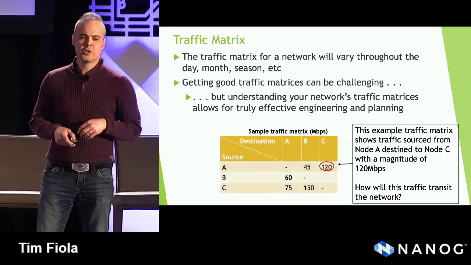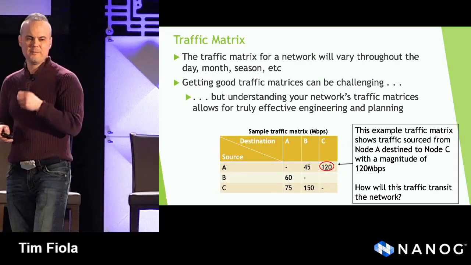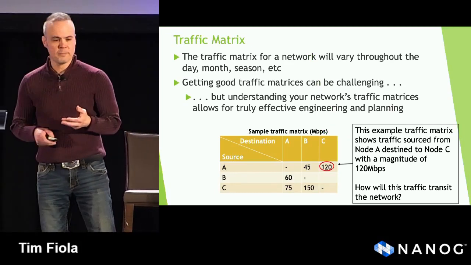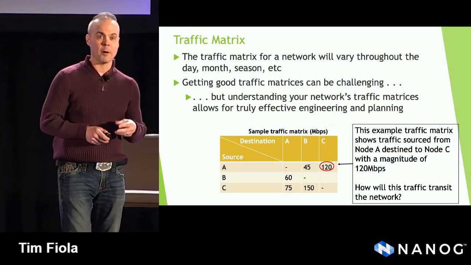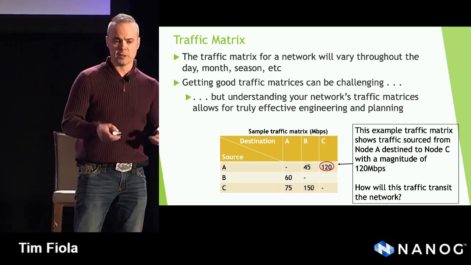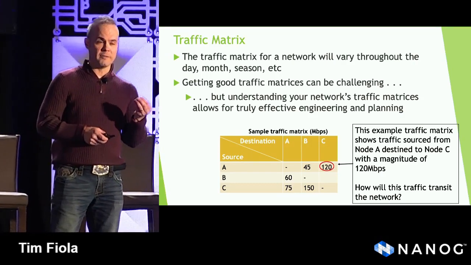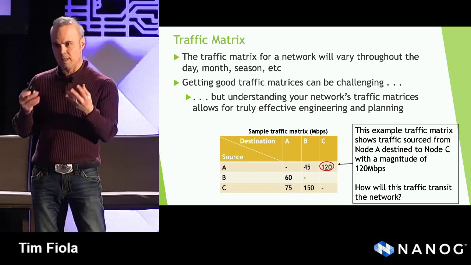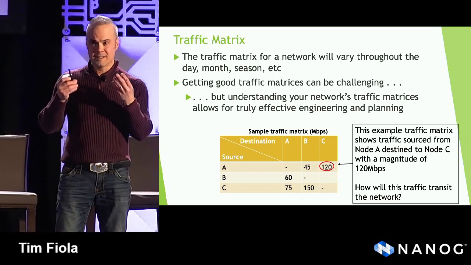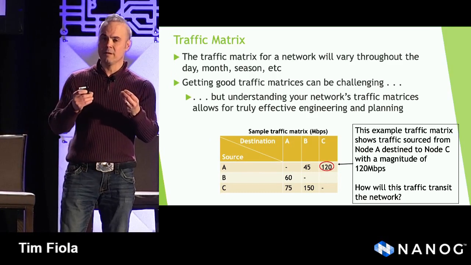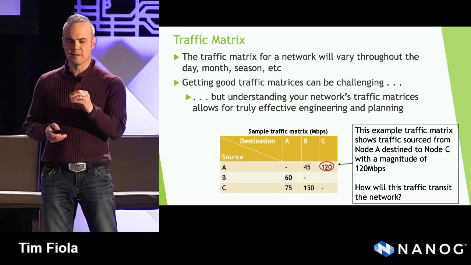Okay. The traffic matrix. It's going to vary over time. There's not one traffic matrix for your network. There are many traffic matrices over time for your network. This is one of the toughest parts of modeling, is getting a good input traffic matrix. It can be tough. You have to have the right resources to do it.